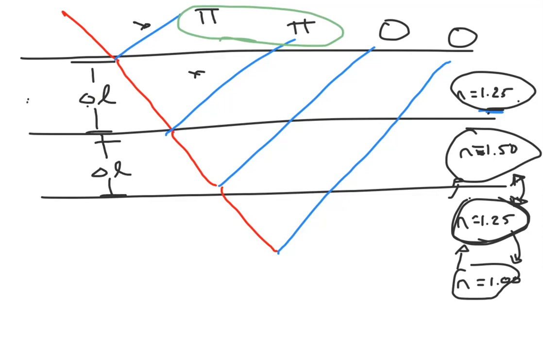This is what's causing the constructive or destructive interference. The phase shift is happening because it's going from one medium to the next. Does that make sense? But the interference is happening because of a difference in path length. Does that make sense what I'm saying?